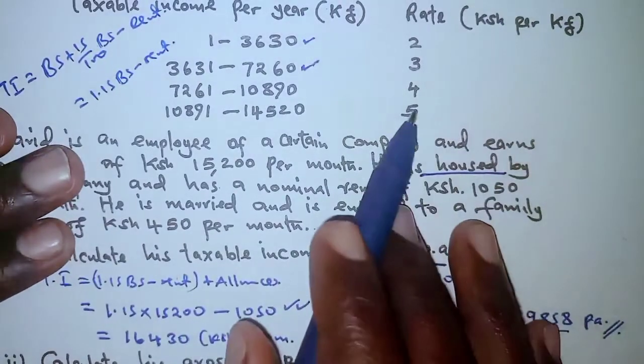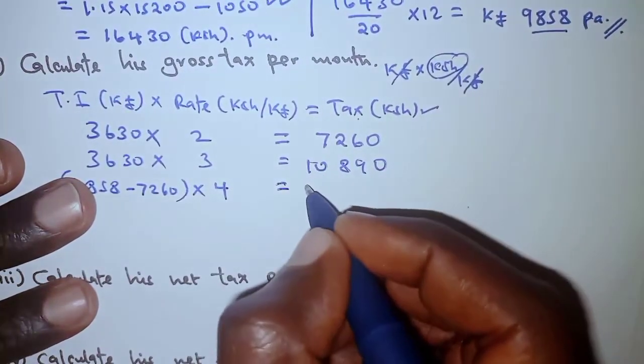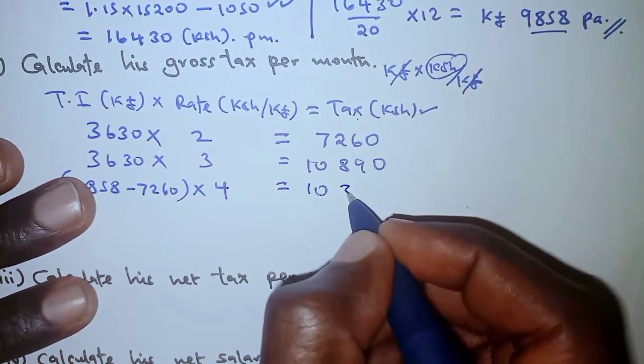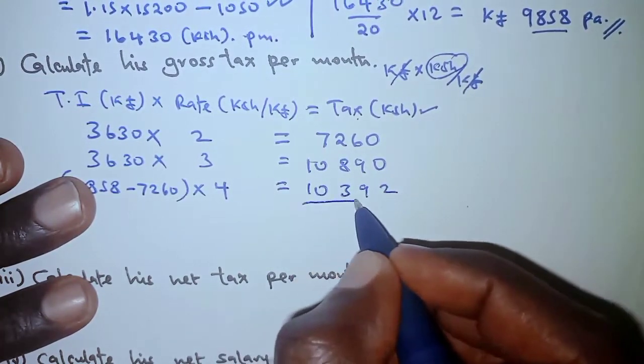That should give us 10,392. Of course, all these are in Kenyan shillings.